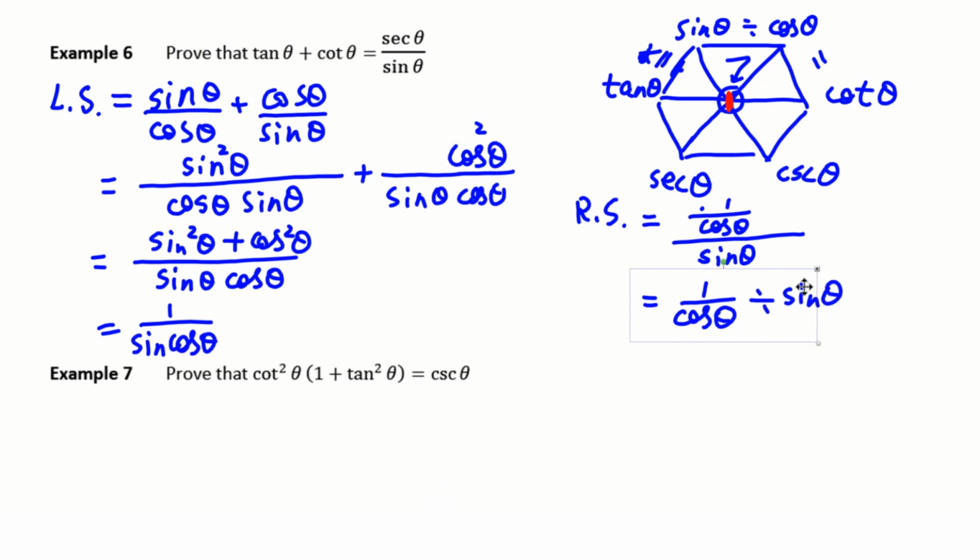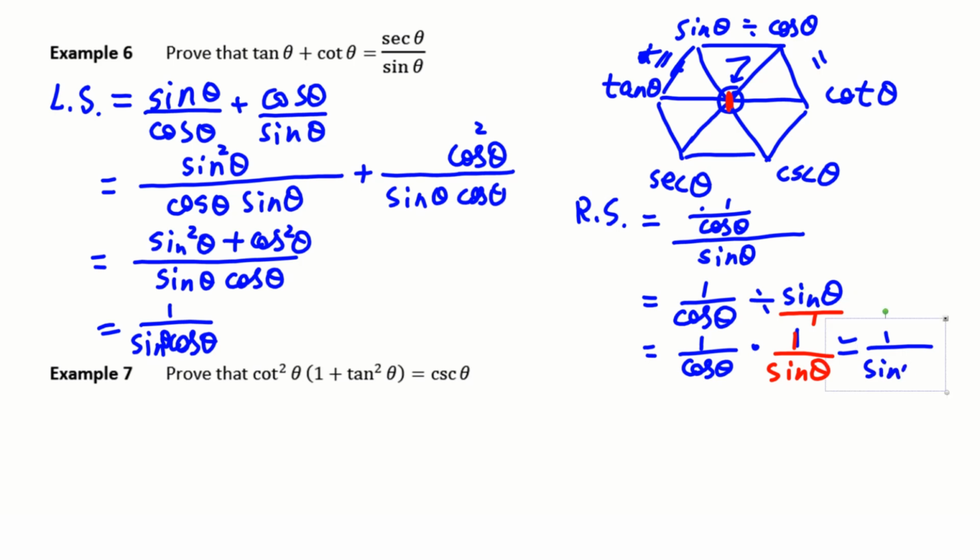When we do the division, we change it to multiplication by flipping it: multiply by sine theta over 1, flipped becomes 1 over sine theta. Then numerator times numerator, denominator times denominator, gives 1 over sine theta cosine theta. So the left side equals the right side. Then it is proven.